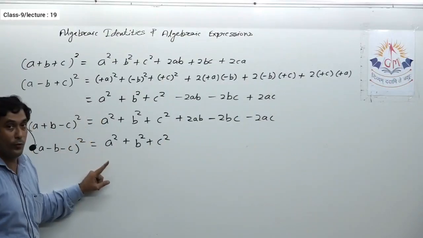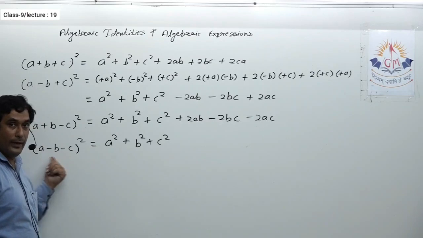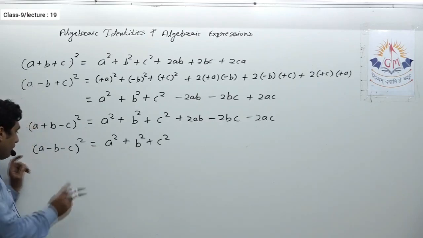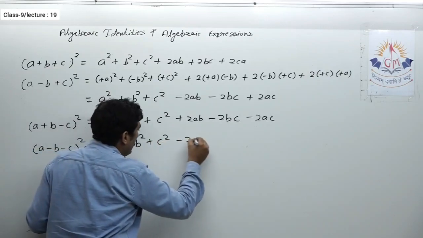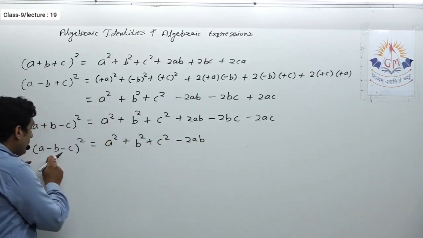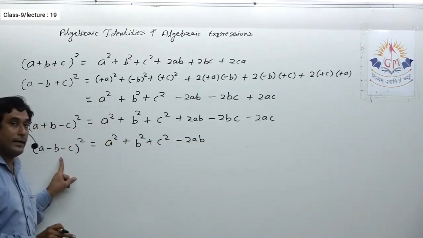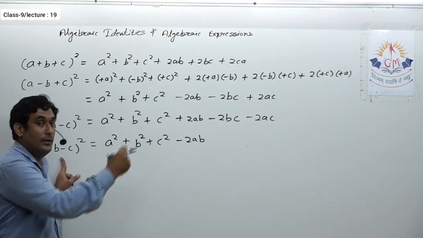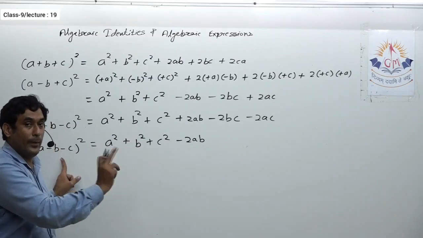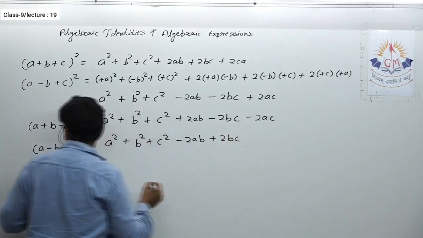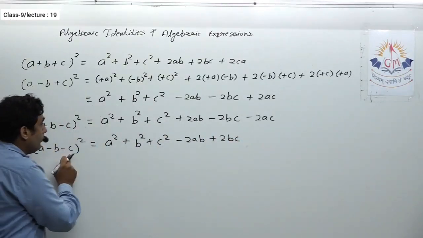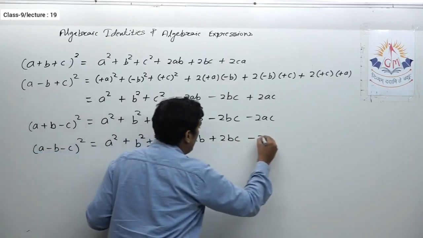Now the fourth term, 2 into a into b, but this is negative, so 2 into positive into negative, so minus 2ab. Then 2 into b into c, and now both are negative, so 2 into minus b into minus c, two minus signs, so ultimately it will become plus 2bc. Then 2 into a into minus c, so again minus 2ac.